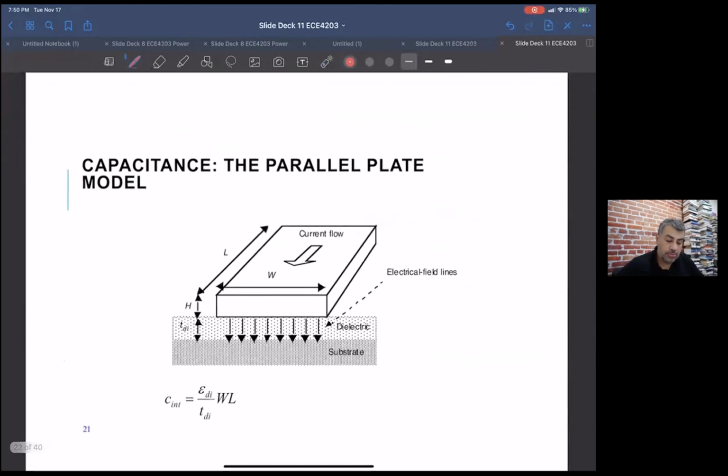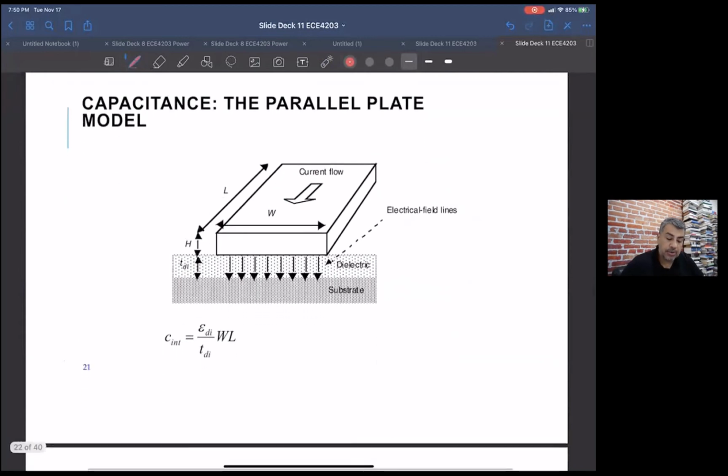Now the other parasitic problem that's typical is the capacitance. At least for me, how I was introduced to capacitance is this concept of parallel plate capacitance, where you had a metal plate over an infinite ground.